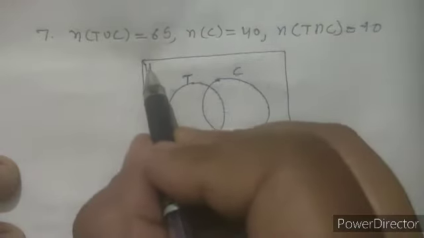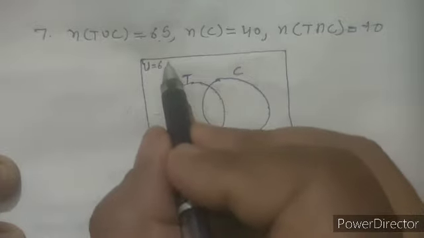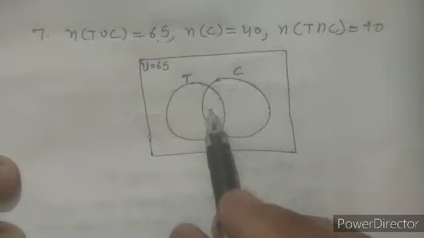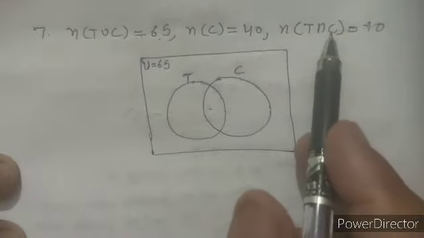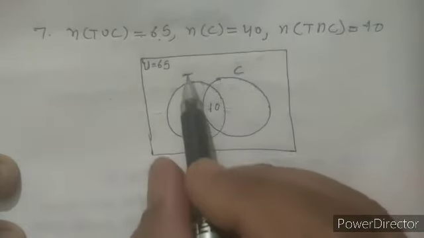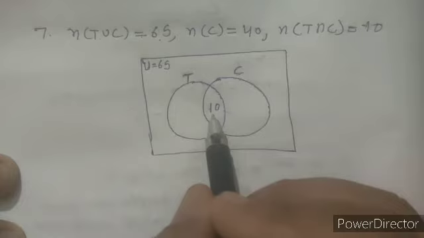Now the universal set: there are a total of 65 persons, so U equals 65. First of all we will take the common element. Now T intersection C is 10. That means people who like tennis and cricket both are equal to 10.